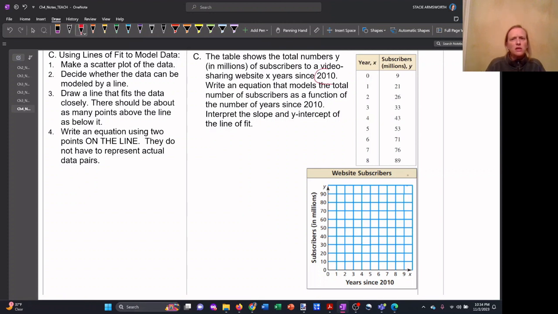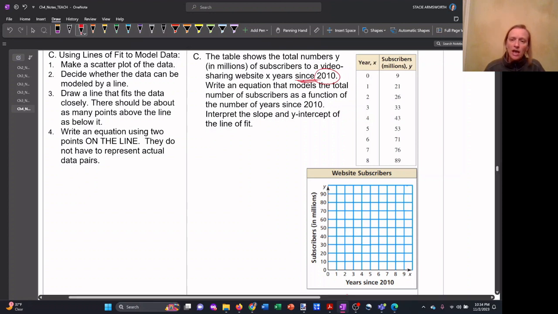When we're dealing with years, here we seem to really care about 2010. Maybe that was the year the website was founded, or maybe that was a significant year for some other reason. But here we don't care about going all the way back to zero in terms of our data. We're only starting at 2010. So we're going to label the x with years since 2010. So 2010 is year zero.